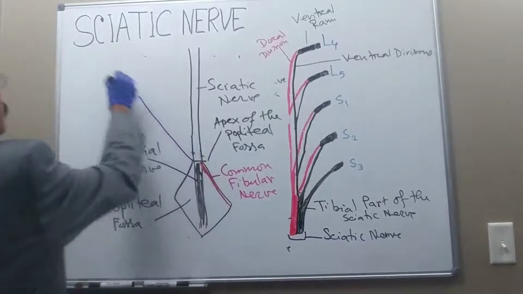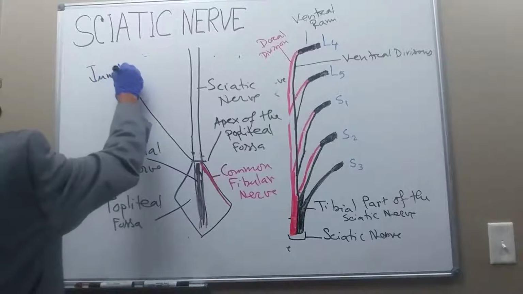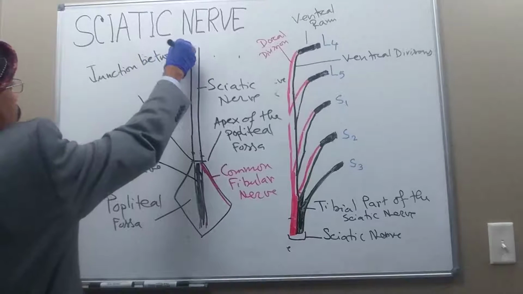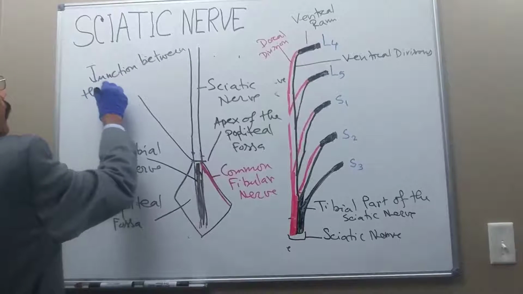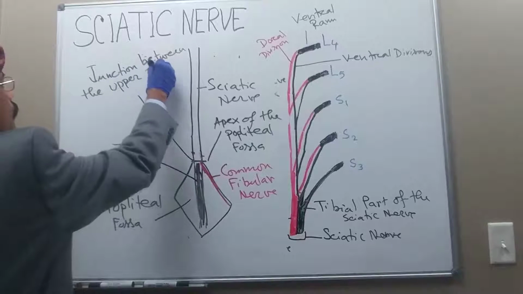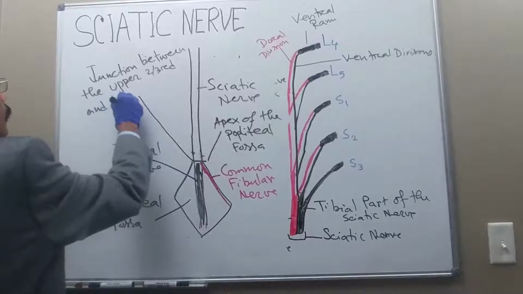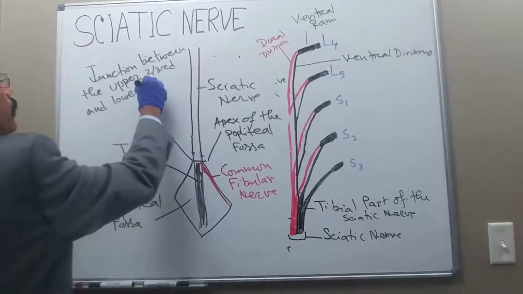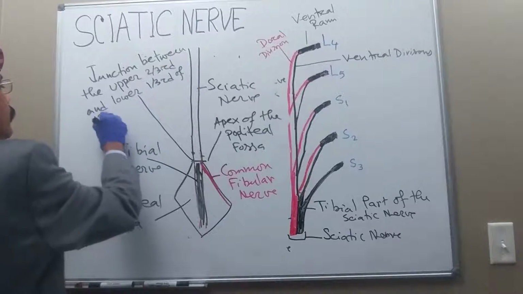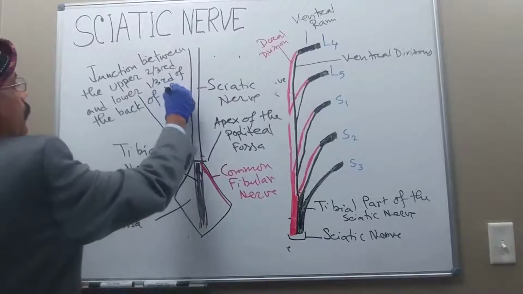This is the junction between the upper 2/3 and lower 1/3 of the back of the thigh.